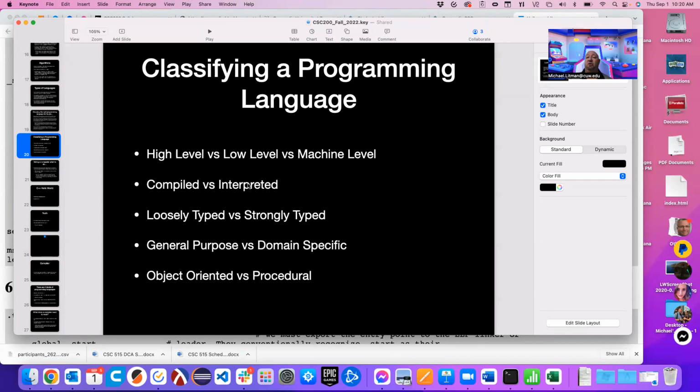How many of you have heard of a language called Python? Python's an interpreted language. JavaScript is an interpreted language. Okay, there's nothing wrong with those languages, and our computers are so fast today that frankly 99% of the time, higher than that, let's call it 99.9% of the time, it doesn't matter whether it's a compiled or an interpreted language.